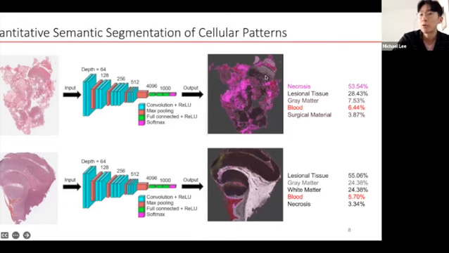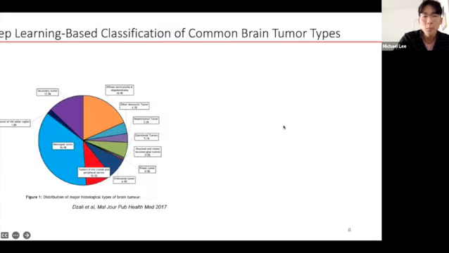In this case, there's a lot of necrosis, 50% of it highlighted in this purplish color. There's also blood, lesional tissue, which is tumor, etc. Same goes for here. In this case, there's mainly lesional tissue, but there are a lot of other components like normal cells, in the form of gray matter and white matter.